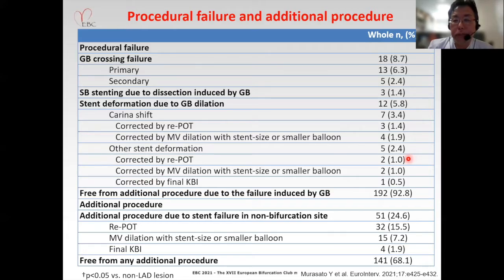Freedom from additional procedure due to failure induced by Glider balloon dilation was found in 92.8%. The additional procedure in the non-bifurcation site was performed in 24.6%. Finally, 68.1% were free from any additional procedure after Glider balloon dilation.